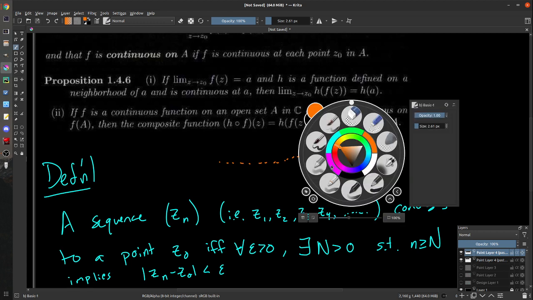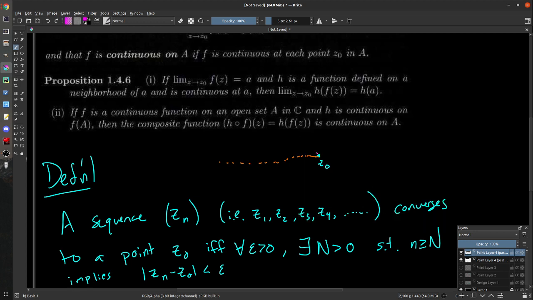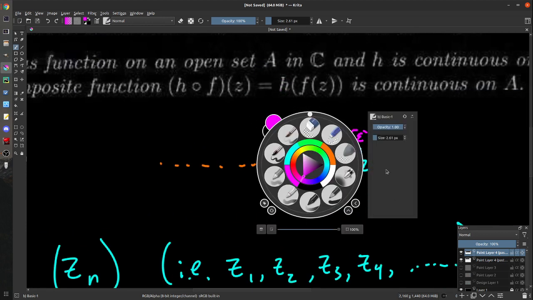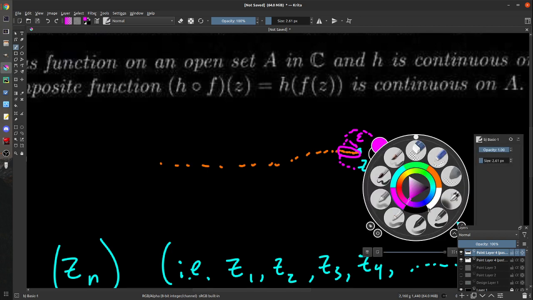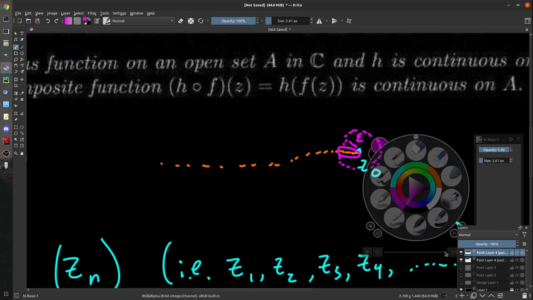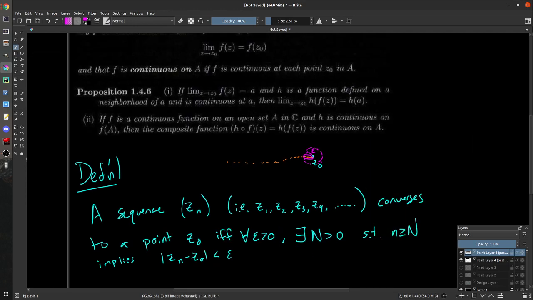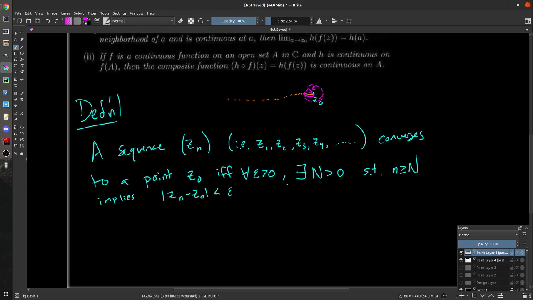And so it says, hey, if you pick some epsilon, and you draw yourself a little epsilon ball about z naught, then for all of the things in your sequence, all these points, everything except for these initial finite number of first ones, all lie inside of that ball. And so this is the nice epsilon notion of convergence of a sequence.